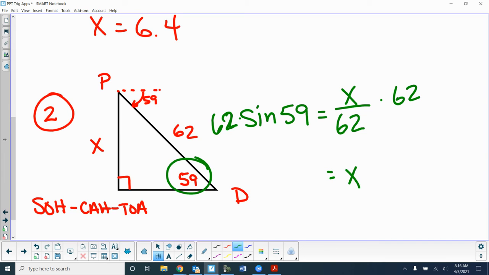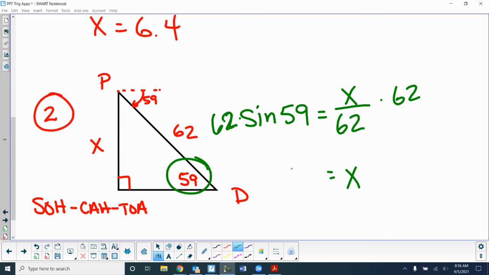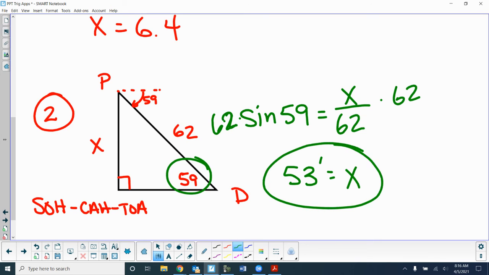So that's what my answer is going to be. 62 times the sine of 59 degrees. 62 sine 59. So he's pretty high in that tree. Most guys aren't gonna get up that high. But again, 53 feet would be the height you got up.